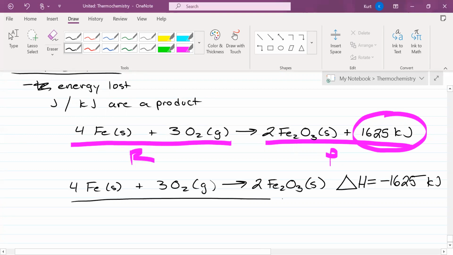So this is the chemical reaction, and then this is telling you what happened with the energy.